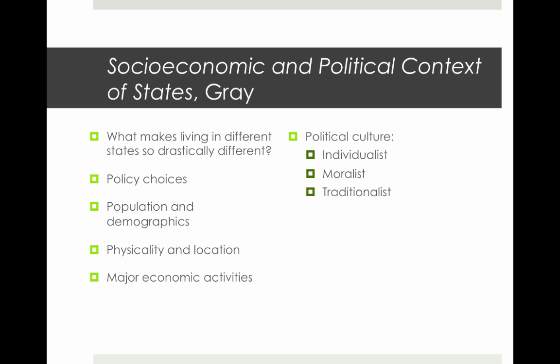So, Gray also notes that there is an issue of political culture and breaks this down into three categories. One is an individualist culture, where people see government as an interfering force and that markets will control for themselves, and so people should be allowed to do what they want.